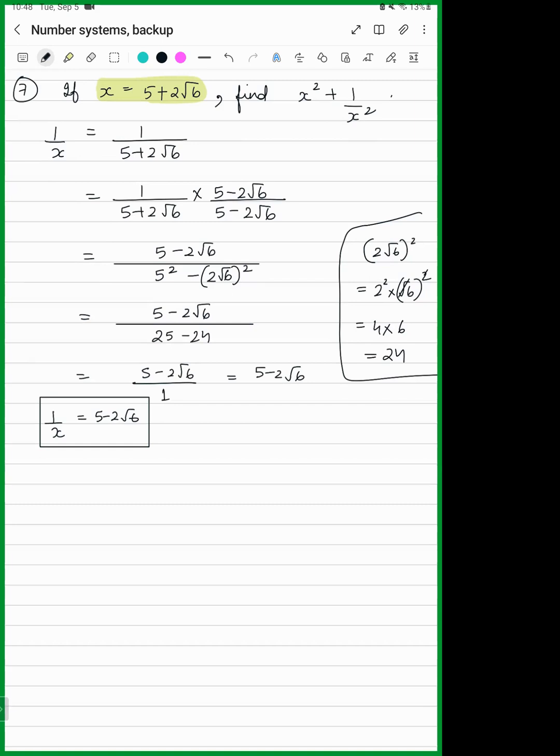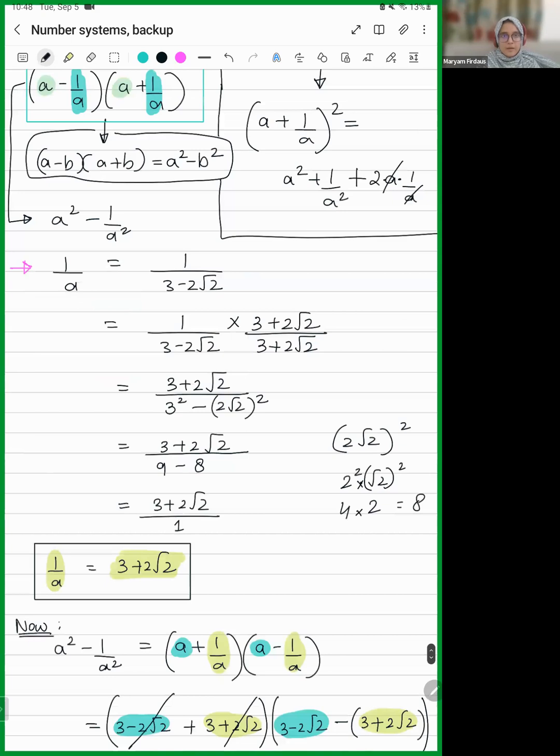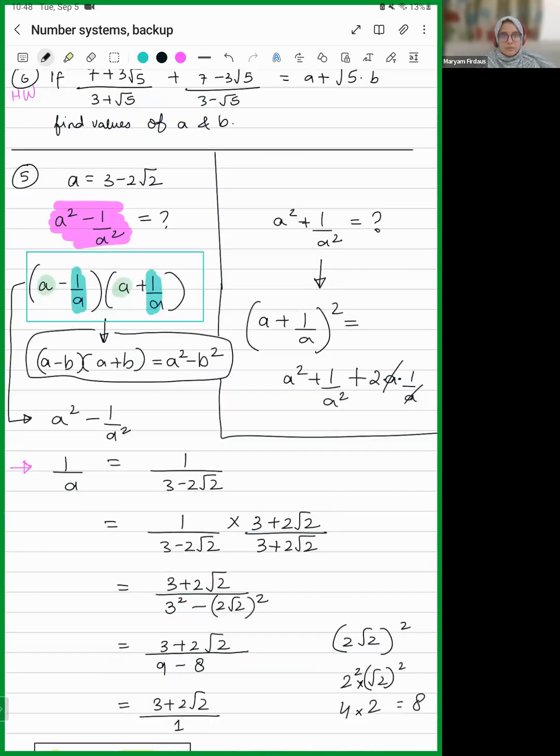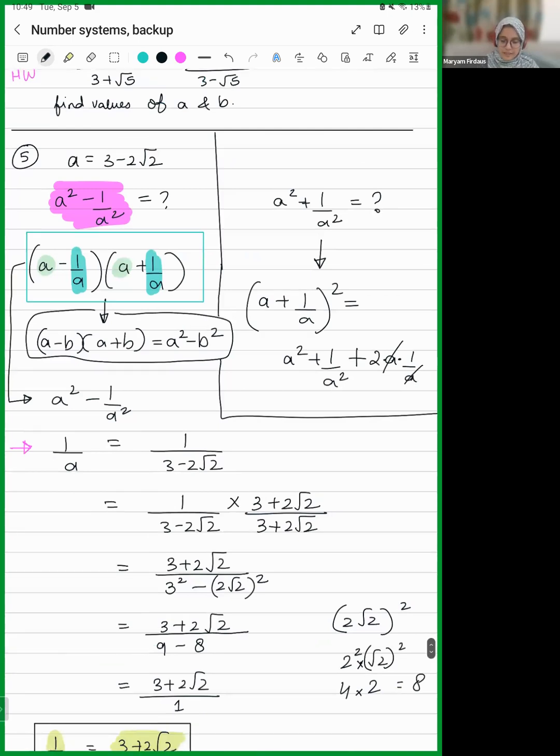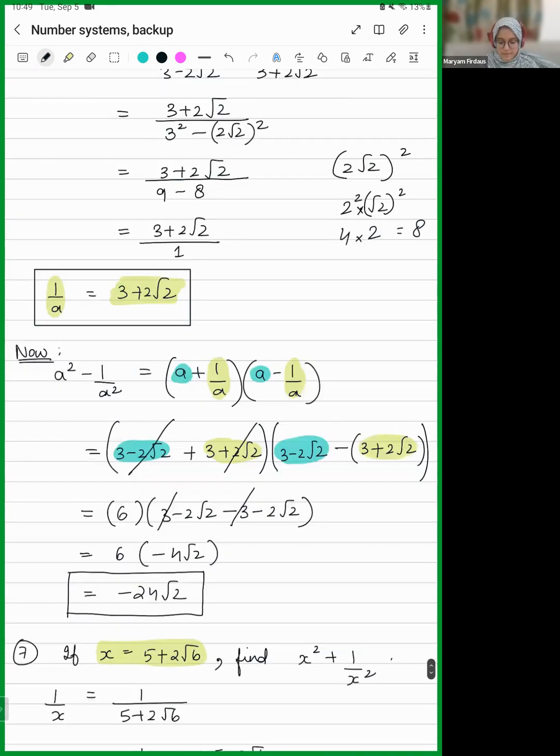When I was trying to explain this to you, a square plus 1 by a square. What we need is x square plus 1 by x square, right?